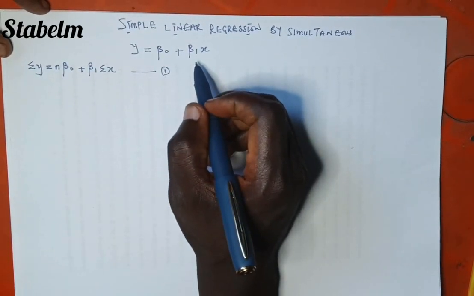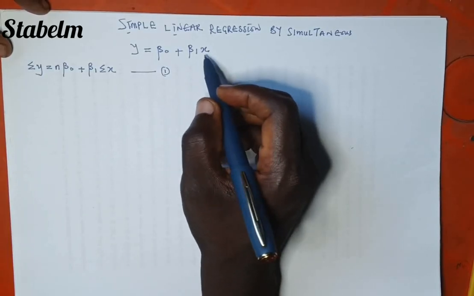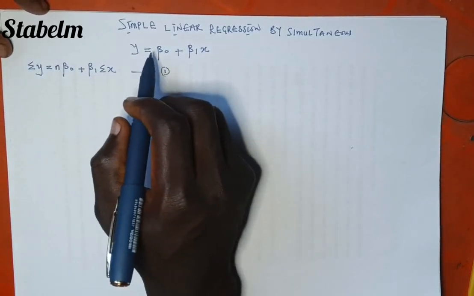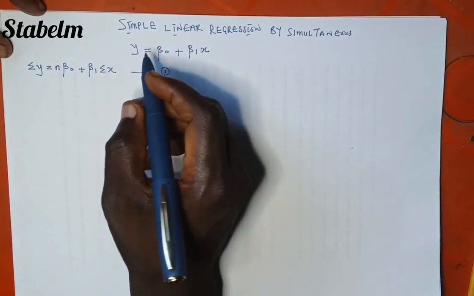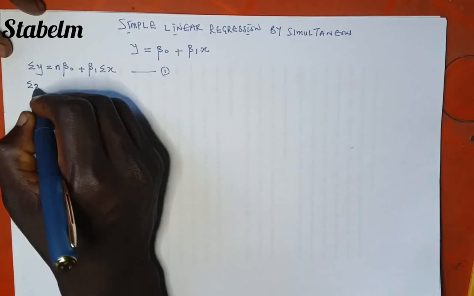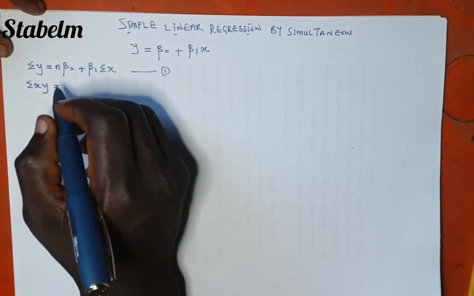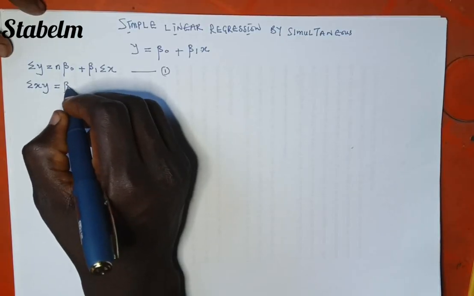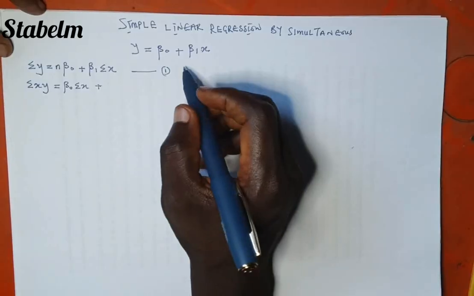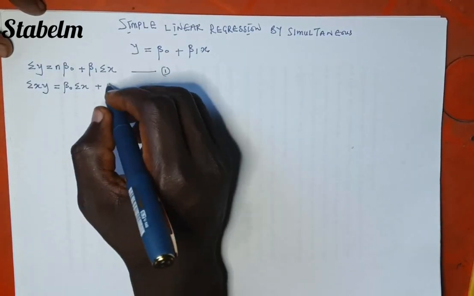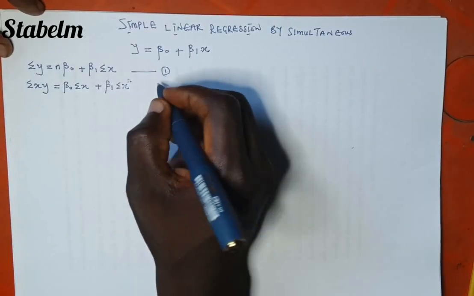Now, for the other parameter, which is beta 1 here, this one has variable which is x, so it means we're going to multiply the whole of this equation by summation x. So we have summation x multiplied by y. We have summation xy equals to beta naught multiplied by summation x, we have beta naught summation x plus summation x times summation x, we have beta 1 summation x raised to the power of 2.